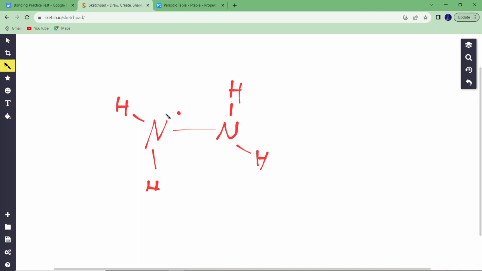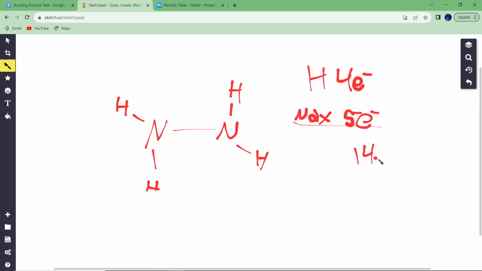So if we were doing our full Lewis structure planning, we'd say each hydrogen is going to give us 1 electron, so the total electrons from hydrogen is 4. Each nitrogen would give us 5 electrons, so for nitrogen it's 2 times 5, okay? That means that we have a total of 14 electrons that we have to draw.